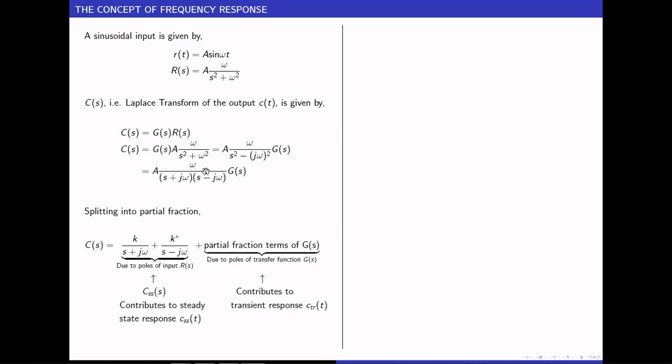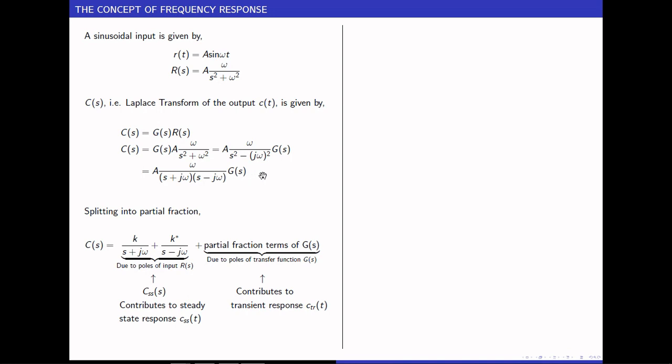If you look at this function, you will have factors corresponding to the input, that is s plus j omega and s minus j omega, obtained from the Laplace transform of the input. Also, G of s will have the denominator polynomial and numerator polynomial.